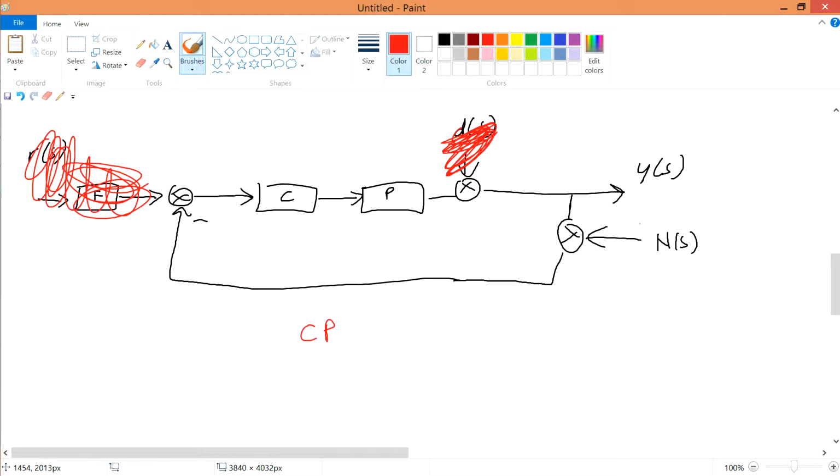But take note, N of S is the input over here, and it goes through this summation point, which is minus. And therefore we have a minus N of S over here, divided by the feedback loop, which is again 1 plus CP. That's all. This equals Y of S also.